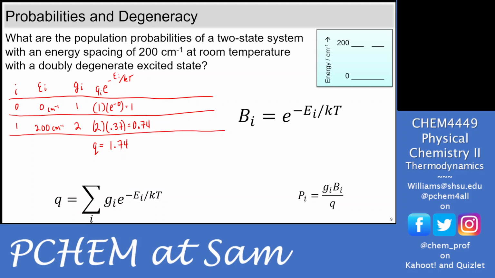Now since the degeneracy of the upper state is 2, we have more chairs. And so what does our partition function show? It shows a larger number. This is a principle you can hold on to: the partition function is a measure of all of the accessible states. It's not an integer.